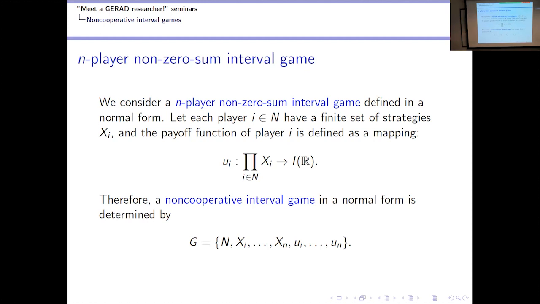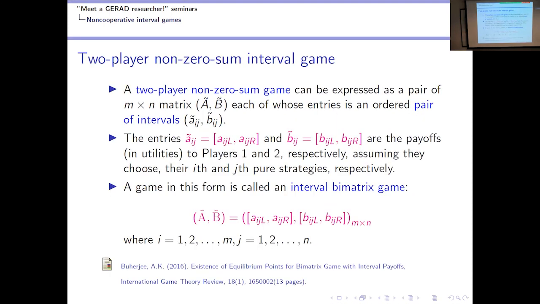In particular, if we consider two-player non-zero-sum interval games, which are called bimatrix interval games, they can be represented by two matrices, capital A tilde and capital B tilde, each of whose entries is an interval.